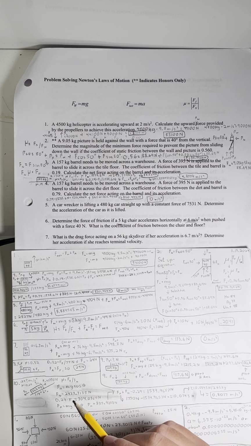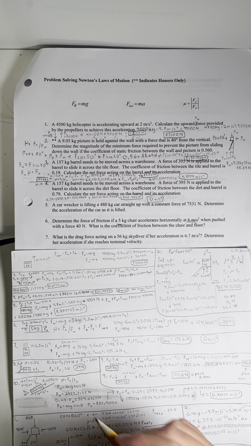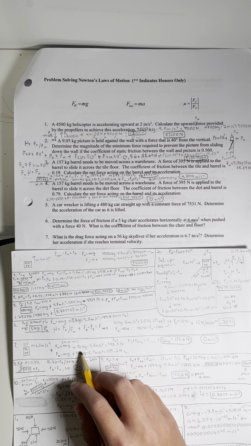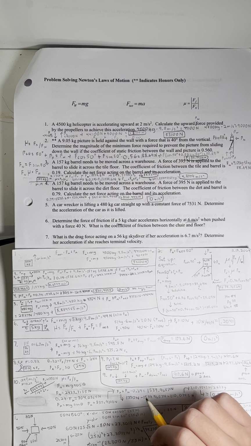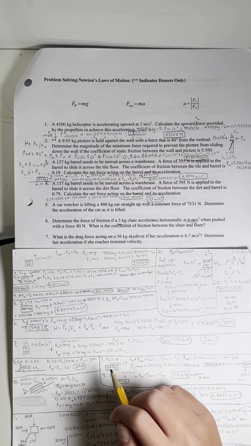What I like to think about is, first off, let's assume that there's no air resistance. What is the force on the skydiver if there is 0 air resistance? It's just force weight equals mg, right? 56 kilograms times 9.8 meters per second squared, which gets you 548.8 newtons.